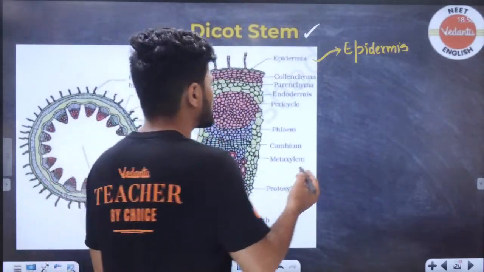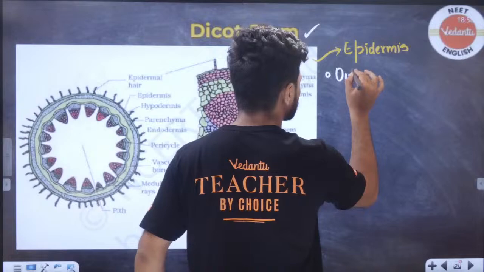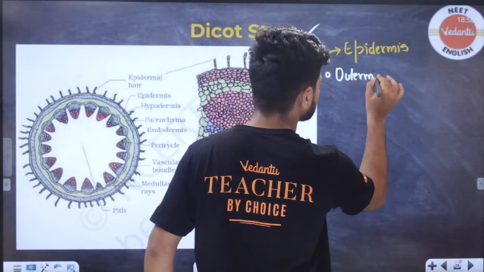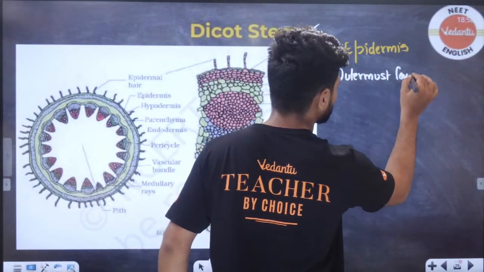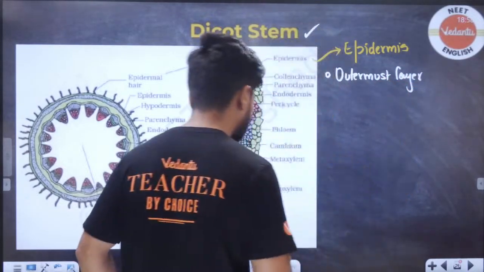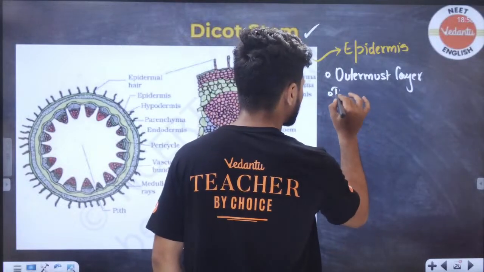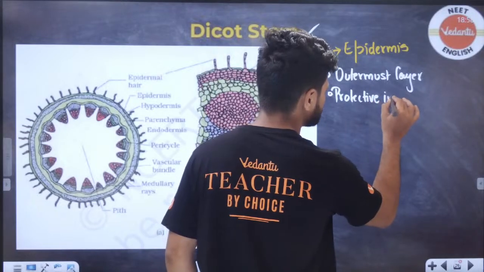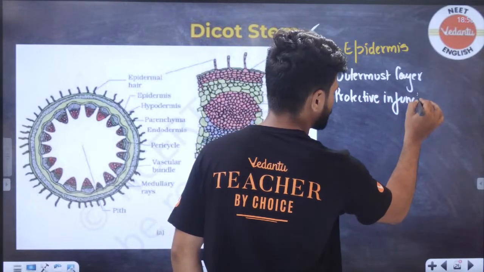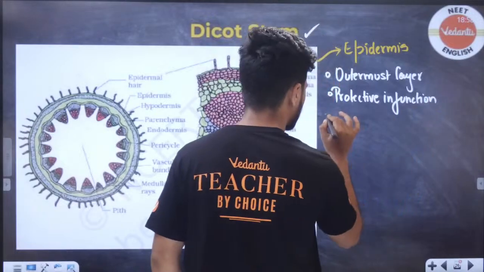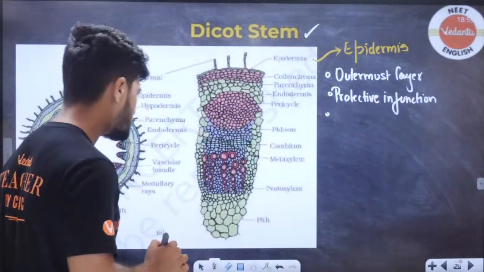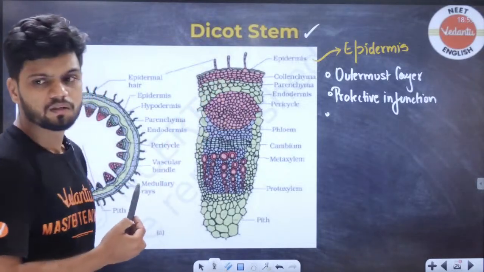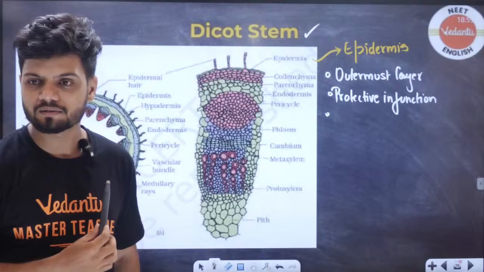Okay. So can I write it as outermost layer? Yes, outermost layer. It is protective in function. Now, students, do you see it as a single layer or multiple layers? Tell me.